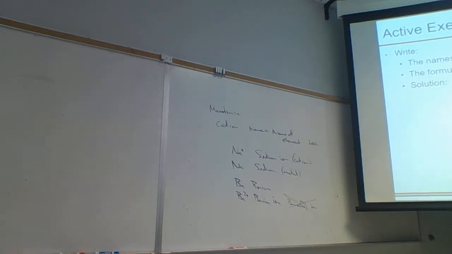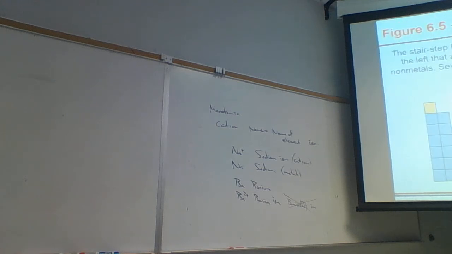Okay, now this gets a little bit more tricky because there are 2 ways you can do it. You can just memorize these outright, or we could use the periodic table to tell us. Let me bring up the periodic table here.